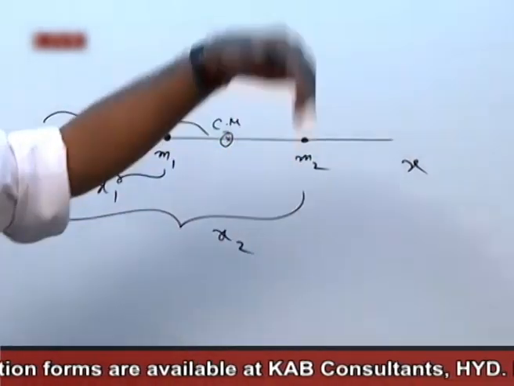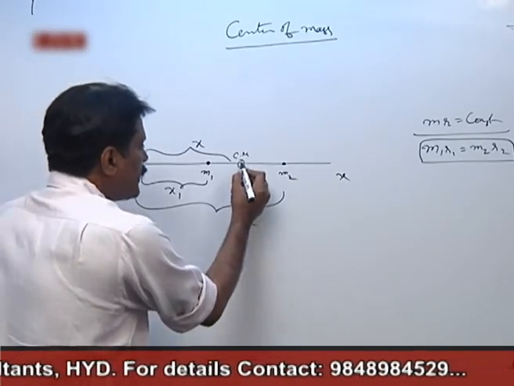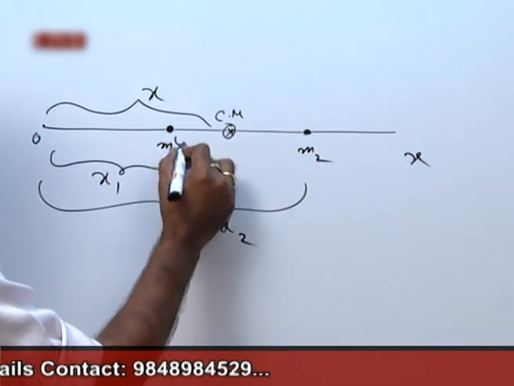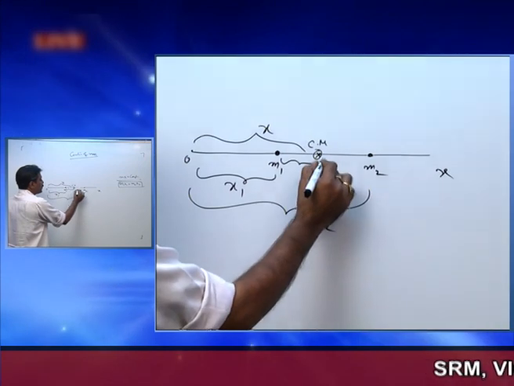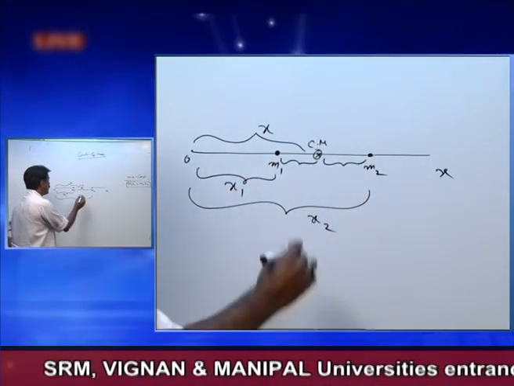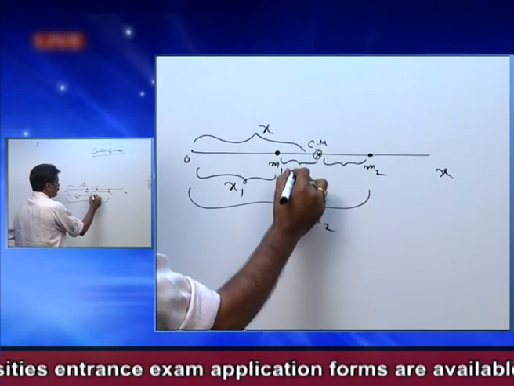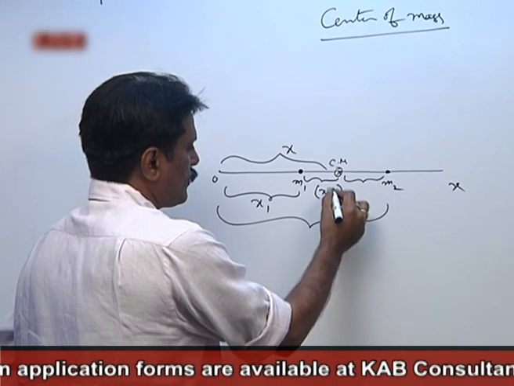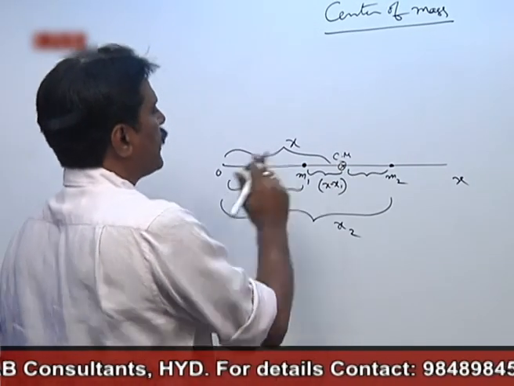Now, let us apply the same relation m1 r1 equal to m2 r2 here also. This is the center of mass of m1 and m2, no? So, this would be the distance of center of mass from m1 and this would be the distance of center of mass from m2. That means this distance is equal to x minus x1.